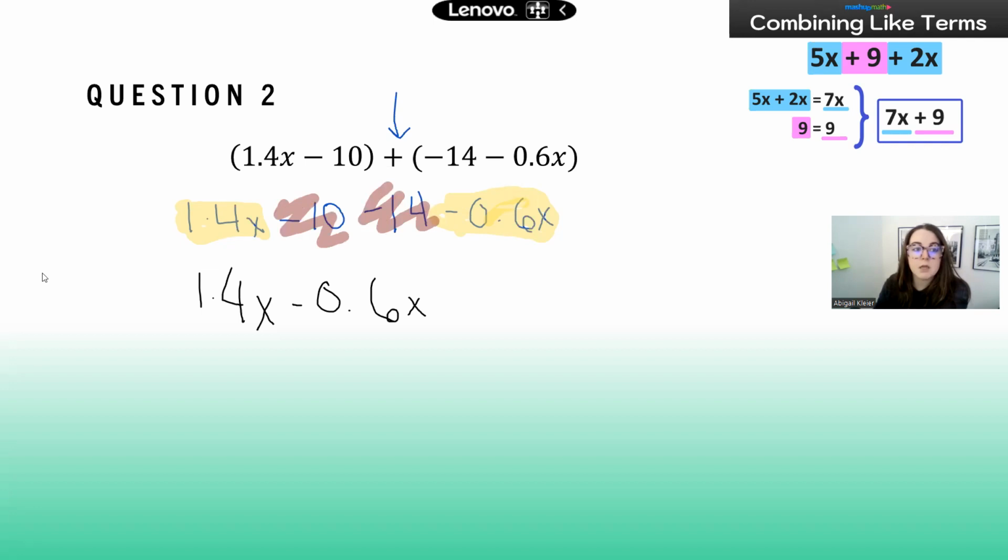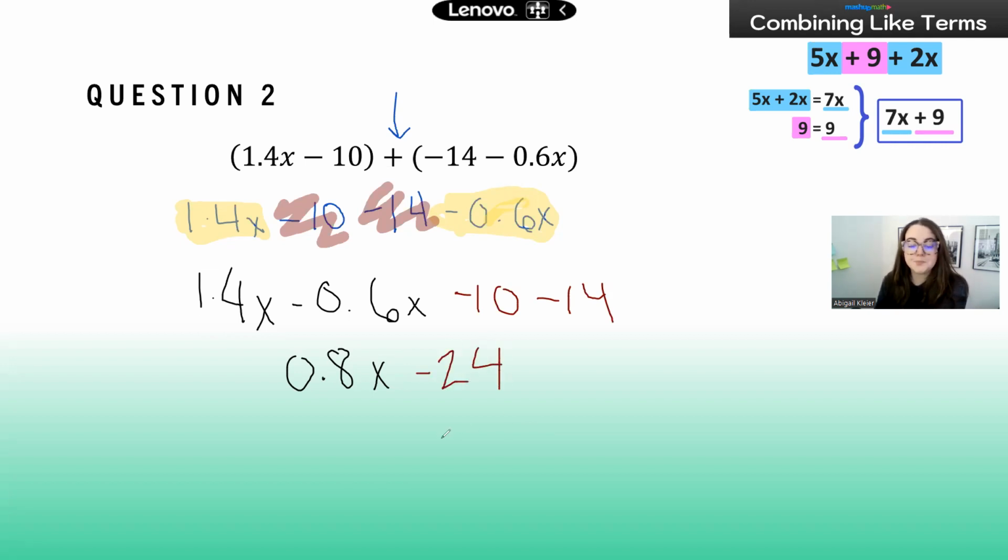So again, I can write those -10, -14. Now that I've color-coded my like terms, I can go ahead and simplify. For my first one, I have 1.4x minus 0.6x. That's equivalent to 0.8x. And then I have -10 minus 14. That's a -24. So this would be my final answer.